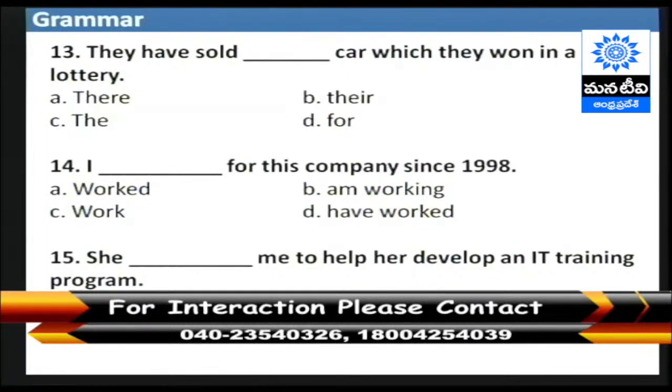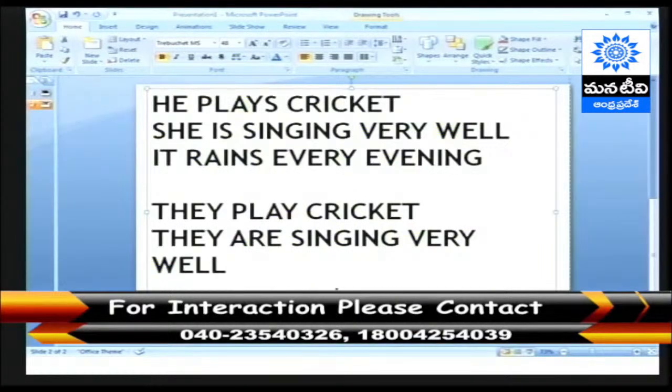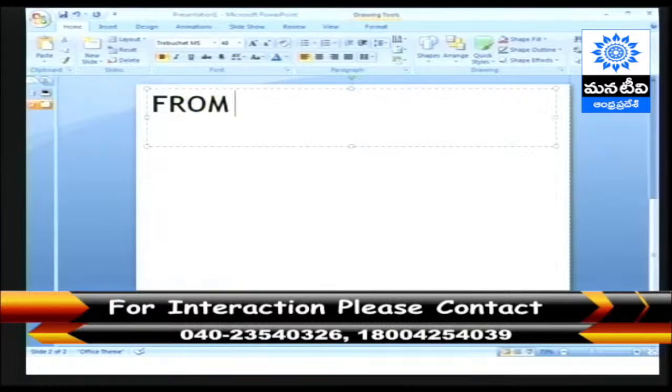Number 14, I dash worked for this company since 1998. I worked, I am working, I work, I have worked. Now to answer this question, we need to understand something fundamental. This is one mistake where a lot of us get confused.